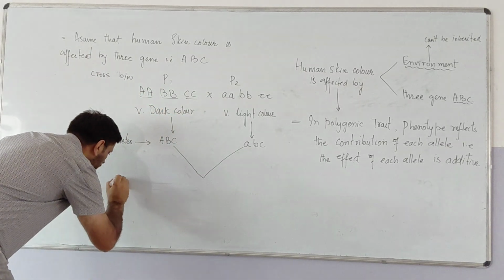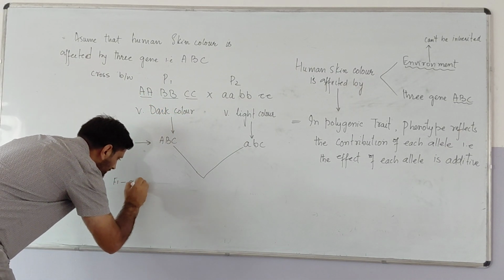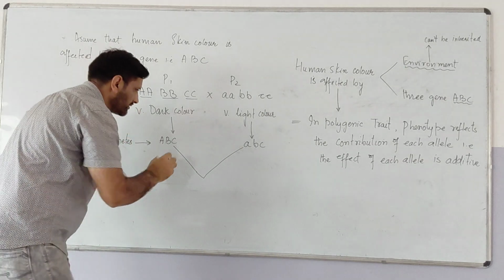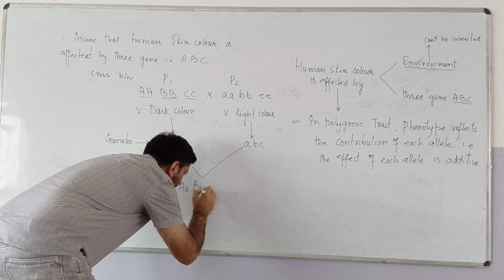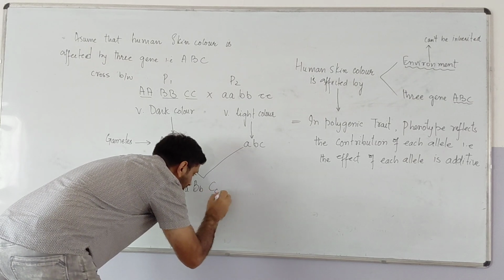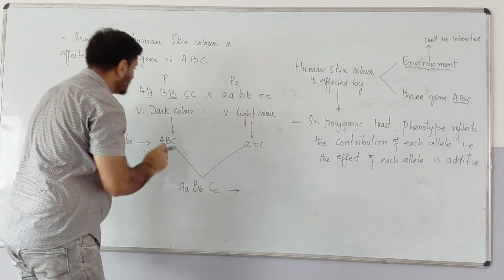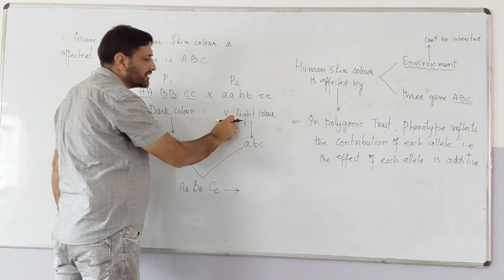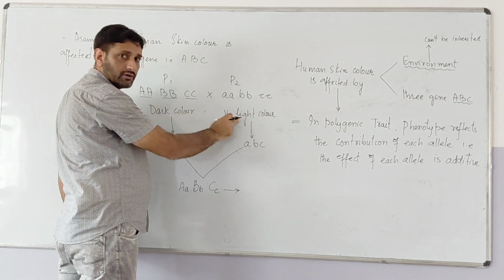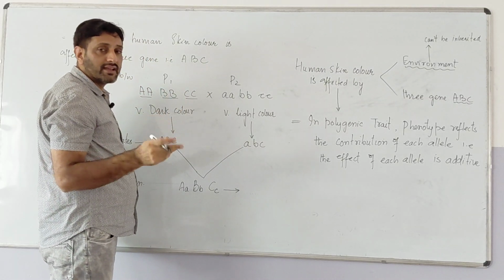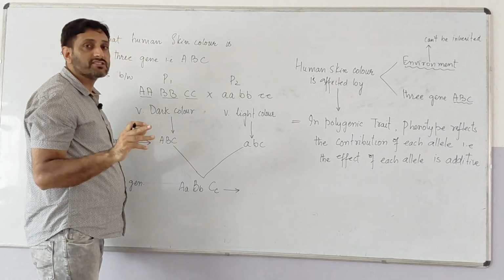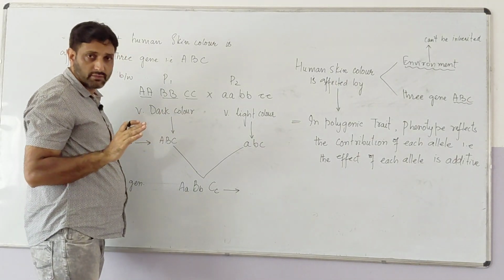find the F1 generation. In the F1 generation, you will find capital A, small a, capital B, small b, and capital C, small c. This will not be the very dark, this will not be the very light. So, in Mendel's monohybrid cross or dihybrid cross, the F1 generation resembled one of its dominant parents.